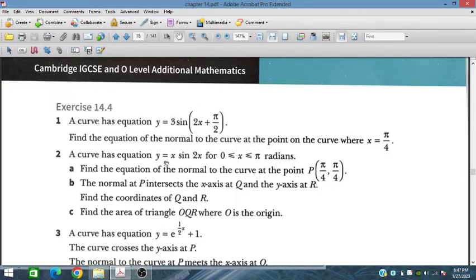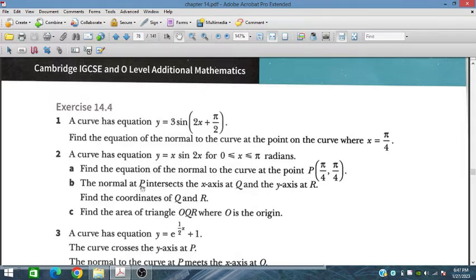For the equation of the normal we have to find the gradient, and from that gradient we find the gradient of the normal, which is the negative reciprocal, and then we find the equation of the normal.